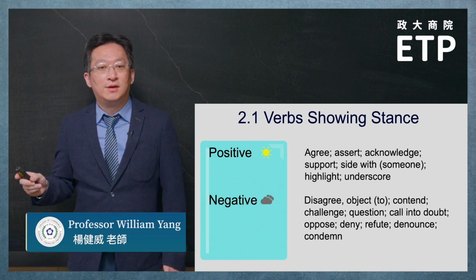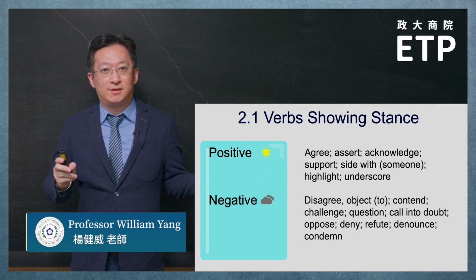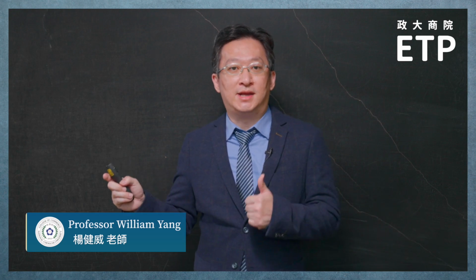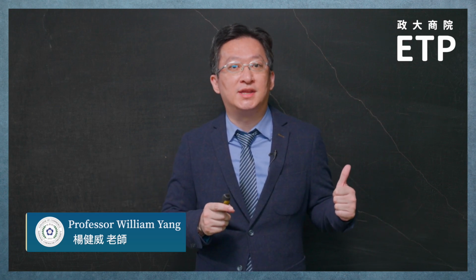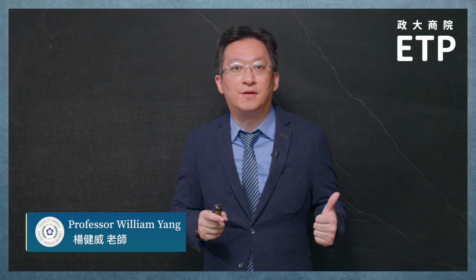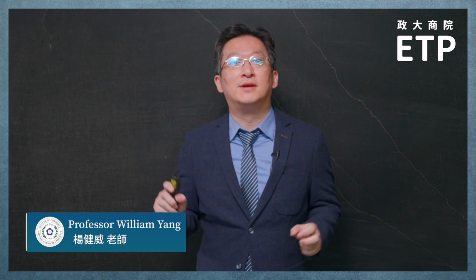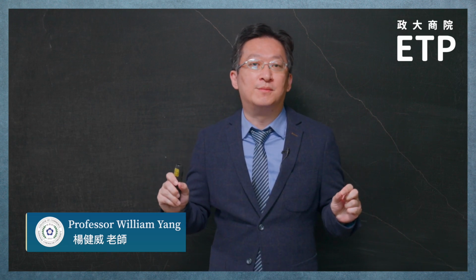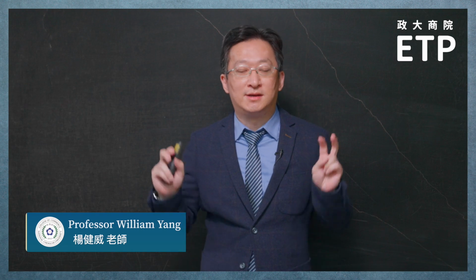For example, we can make a sentence. You may say, Russia's behavior has been condemned by the EU, or you can say EU condemns Russian invasion of Ukraine. Quote, this is absolute violation of human rights and sovereignty, end quote.